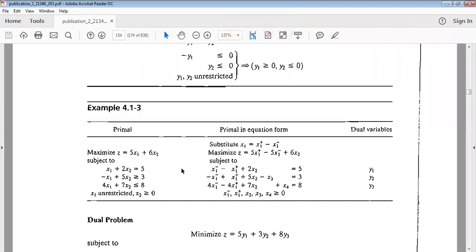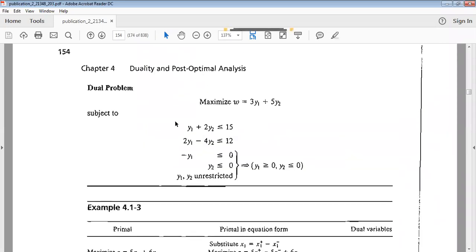So this is the dual problem: maximize w is equal to 3y1 plus 5y2, subject to y1 plus 2y2 less than or equal to 15, 2y1 minus 4y2 less than or equal to 12, and minus y1, and so on.